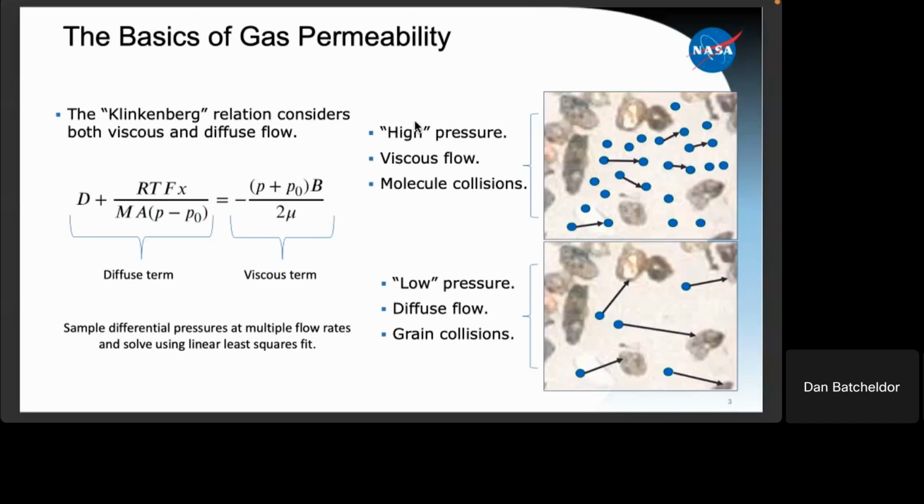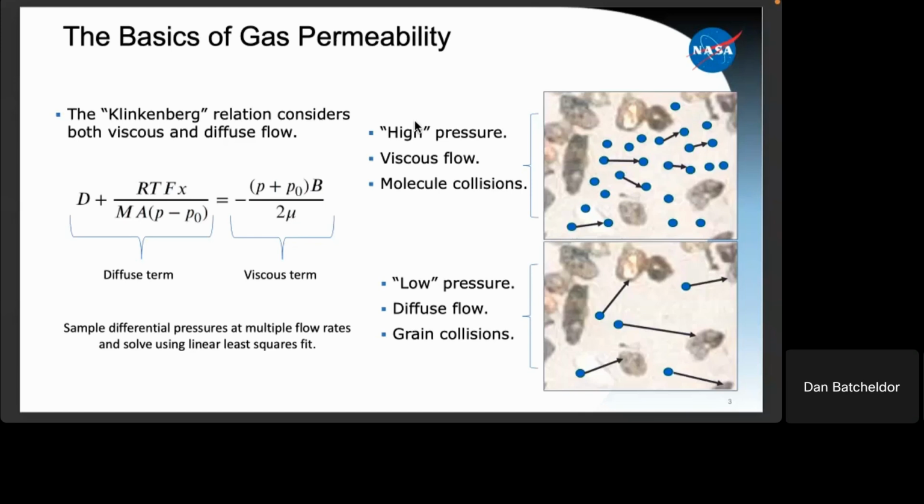And then the viscous term on the right, you can see that term is dominating when you're at high pressure. And in this case, D represents the diffusion coefficient, and B in the viscous term represents the permeability. And in there we have temperature, flow rate, and then some geometric properties of the material through which you are flowing, in terms of the area and the depth of material.